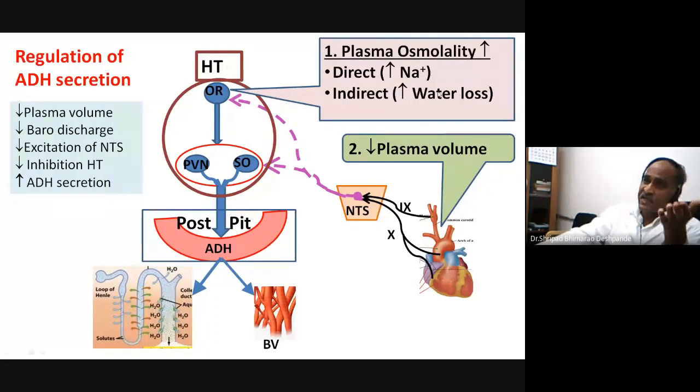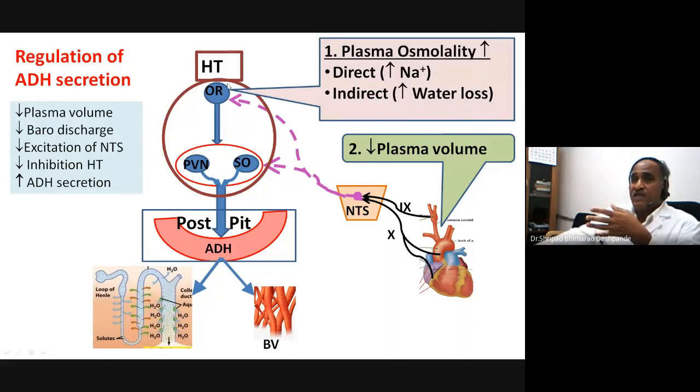That is direct. Indirect means if I lose water, because if somebody has diarrhea or plasma loss, vomiting, in that situation, what happens? Water is lost, especially in cholera-like situations. The water is lost, that would produce hemoconcentration, which would increase the osmolality. This is indirect. Both of these things would increase the osmolality.